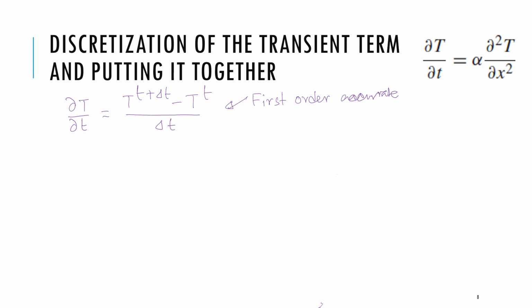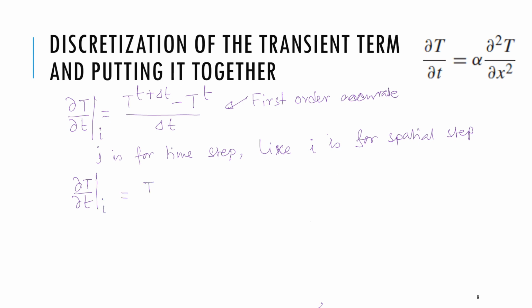So in terms of the symbol, if j is for time step, like i is for spatial step, then ∂T/∂t at any location i is equal to T at j+1 minus T at j, and we're talking about the location i.